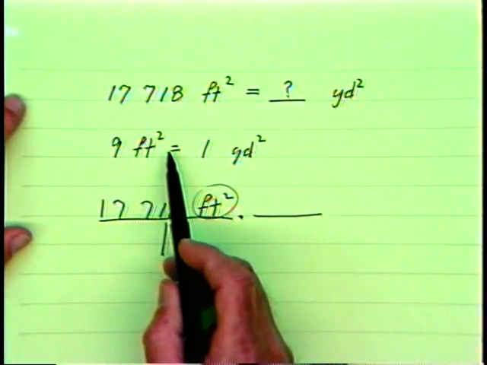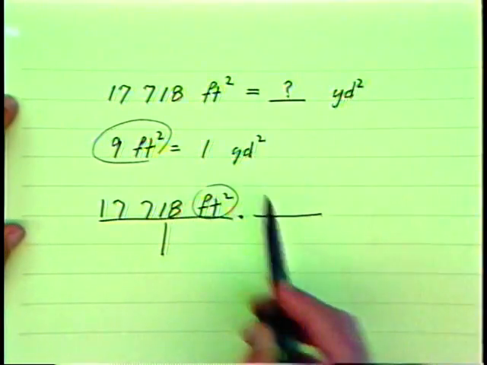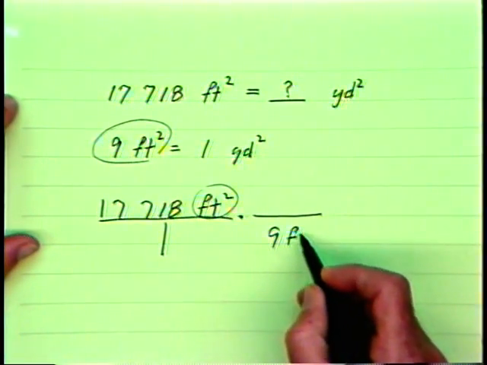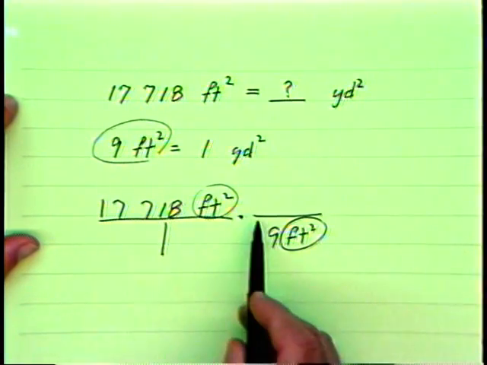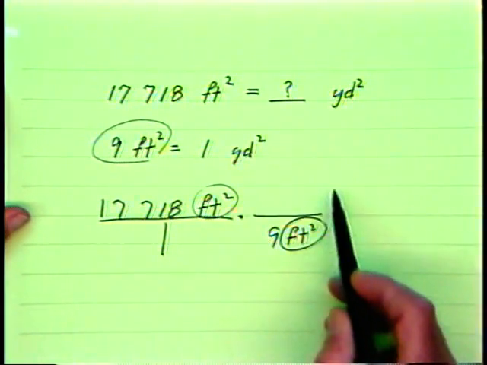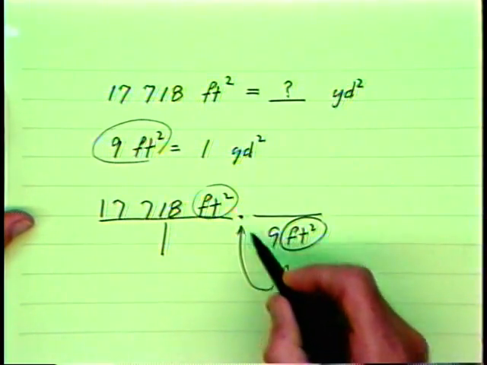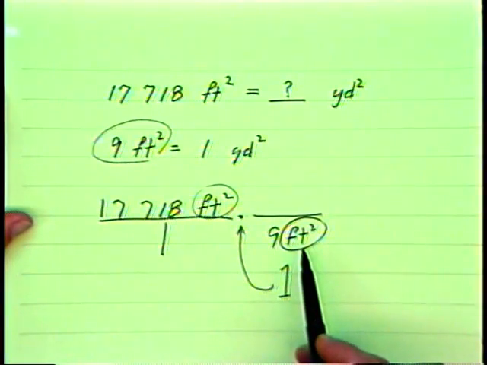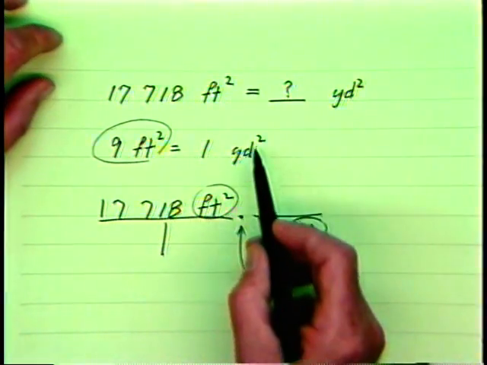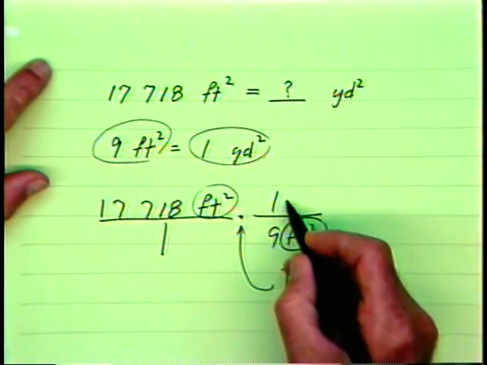So I try to find a relationship that has square feet as half of it, put that on the bottom. Now I can see these are going to cancel, but I need an equal amount on top to ensure that I'm going to be multiplying by 1, because anything divided by itself is equal to 1. So that tells me put an equal amount on top.